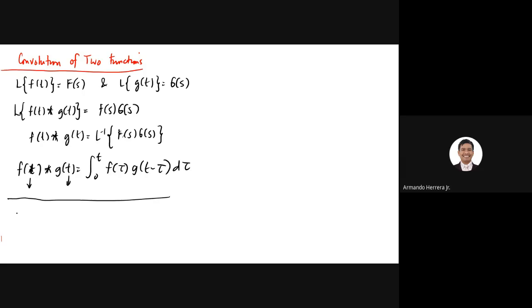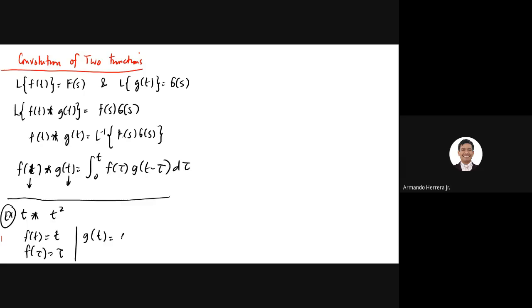So let us try to convolve two functions. Say for example, I have here t convolved with t squared. So this is not t times t squared. It is the convolution of this function t and another function t squared. So if f of t is equal to t, then f of tau is tau.